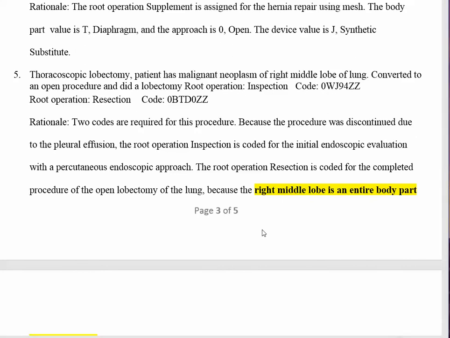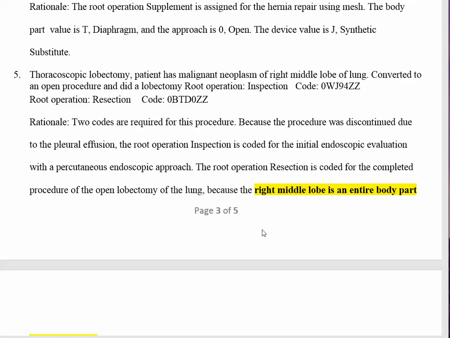Number 5, I didn't type out everything in your textbook, so you might want to read it, but it says the patient is going to have a thoracoscopic lobectomy. Patient has lung cancer, right middle lobe specifically. Patient also has extensive pleural effusion.